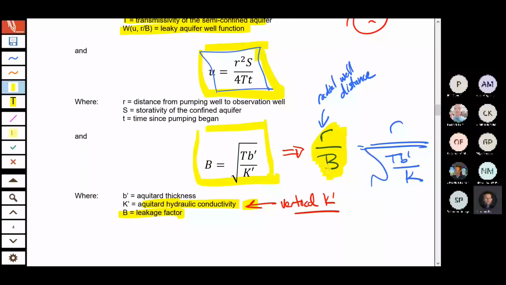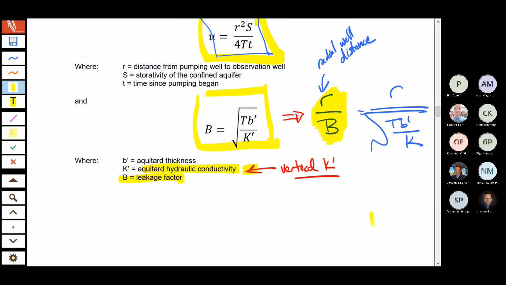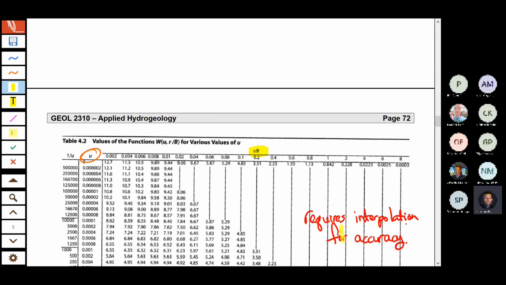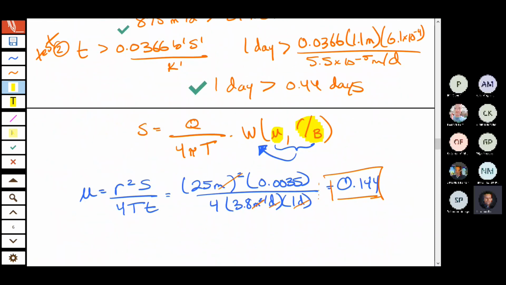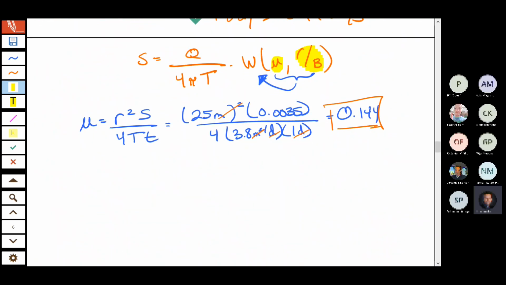So our R over B function is equal to R divided by the square root of TB prime over K. Again, as applied to us by Hantush, I did not make this up, and we don't have to worry about the proofs. So I'm just going to rewrite that down for myself. Before I forget, R over B is equal to R over the square root of TB prime over K.